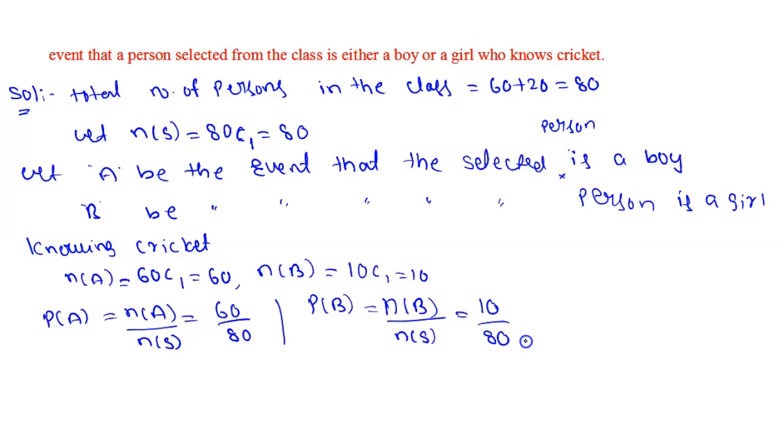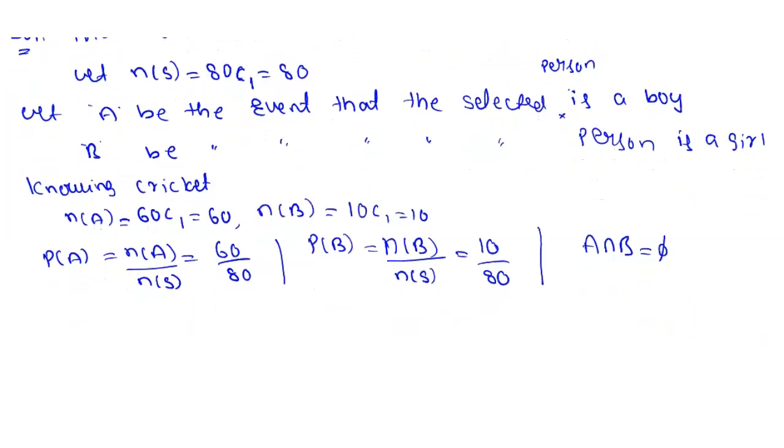And A intersection B is empty. Here I am taking A intersection B as empty, right? There is nothing common between a boy and a girl, right? So A intersection B is empty.